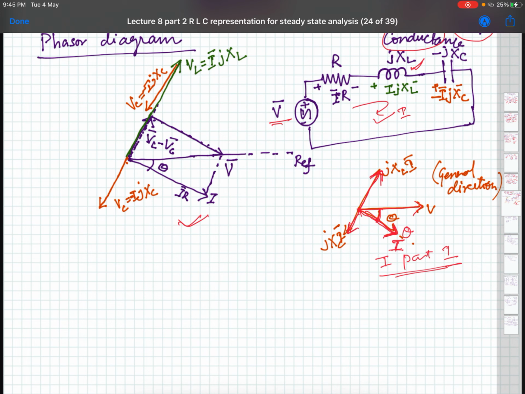So this is basically VL, the voltage, leading the current I in case of an inductor, and here VC will be lagging I. So this is how the relationship between voltages in reactances, and the relationship between voltage and current in general, are there.